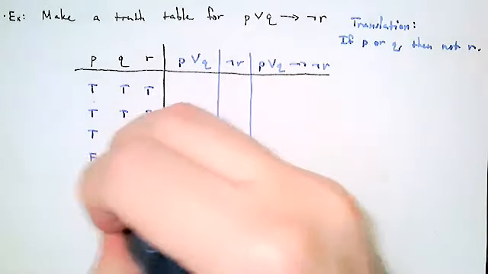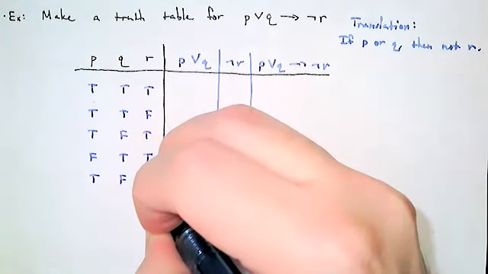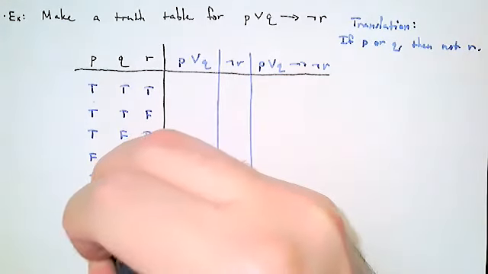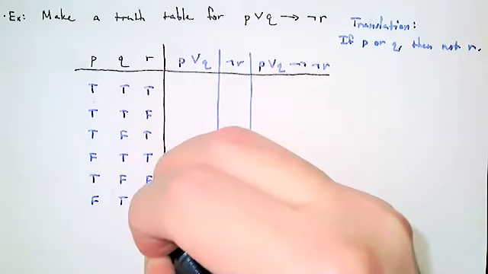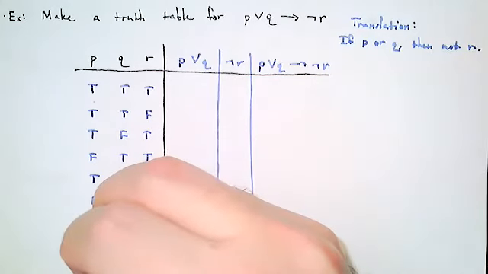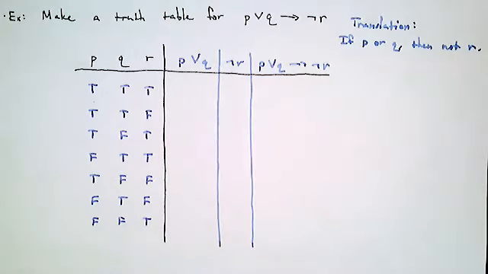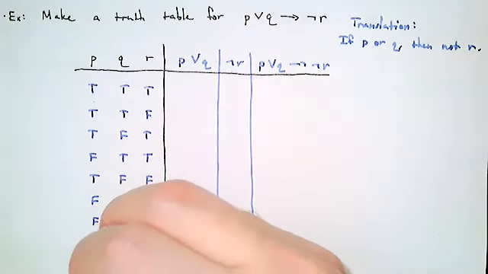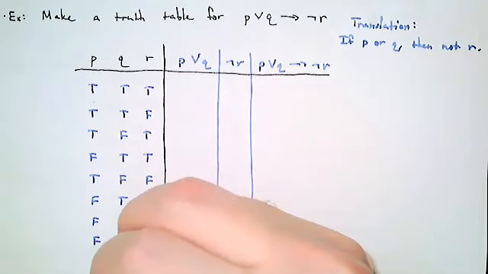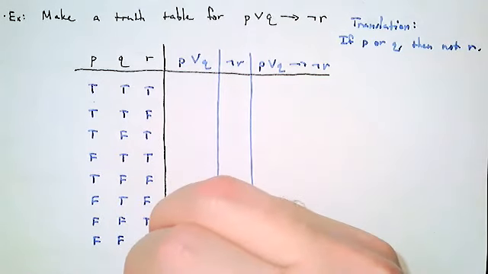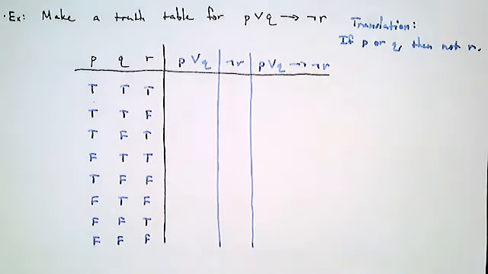And then we could have true, false, false, false, true, false, false, false, true, and then finally 3 falses. Like this.